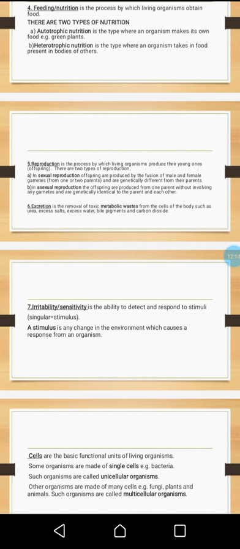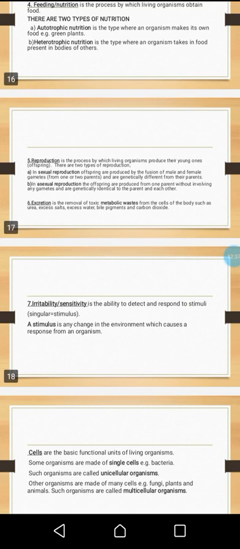Again, they can tell you to distinguish autotrophic nutrition from heterotrophic nutrition. So you get the two definitions, you join them by the word while. Autotrophic nutrition is the type of nutrition where an organism makes its own food, for example green plants, while heterotrophic nutrition is a type where an organism takes food present in the body of other organisms.